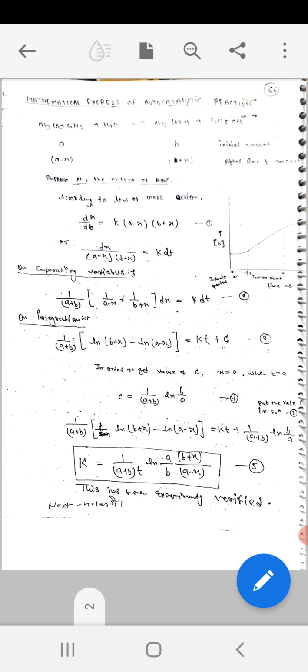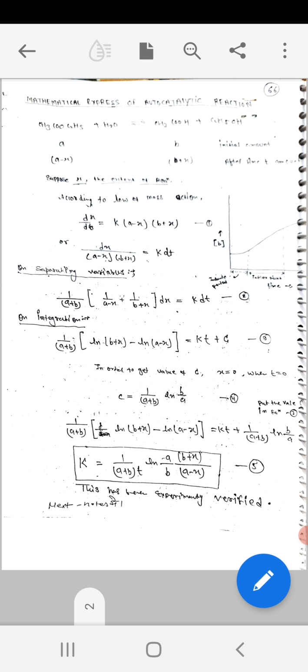Now here comes the mathematical expression of autocatalytic reactions. CH3COOC2H5 is an ester. When hydrolyzed with water, it forms CH3COOH and C2H5OH. This is an acidic medium. The initial concentration of ester is a, and the initial concentration of acid is b.